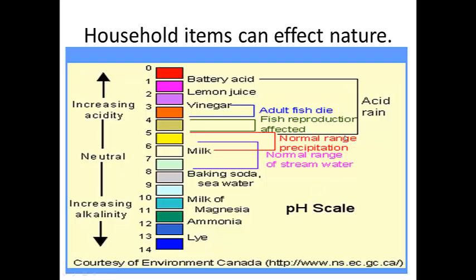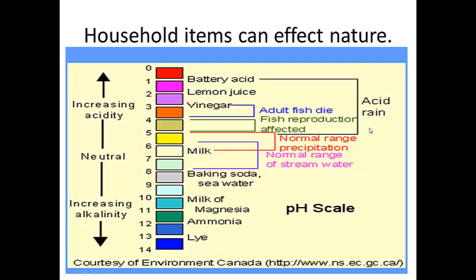Okay, so let's look at adult fish. In pH ranges from like 3 to 4, adult fish can die. Okay, but from 4 to 5, that's where fish reproduction can be affected. And so normal can be in the range of 5 to 6.